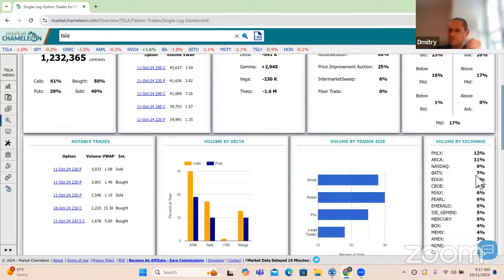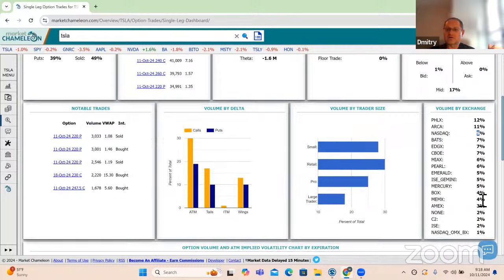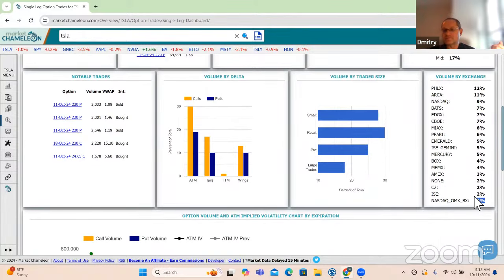So we can see PHLX, the Philadelphia Stock Exchange, which I think is owned by NASDAQ, traded 12% of this volume that we're looking at, the single leg trades, which represented the biggest portion of all the exchanges. Then we have ARCA 11%, NASDAQ 9%, and so forth. So it goes all the way down, right?